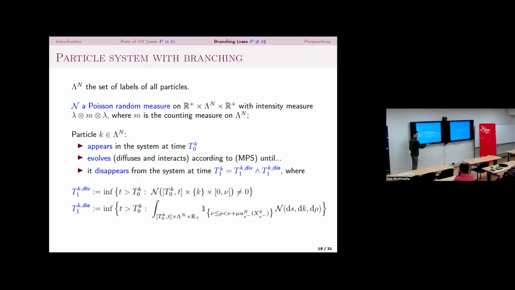So you record the first jump for this Poisson measure, and you say that at this time, this is T1k, division. Same for the death, except that here you need to be a little bit more subtle because the intensity depends on the local concentration of particles, which is recorded by the fact that, this is why it's written in integral form, you have here the density, the local density of particles around xk.